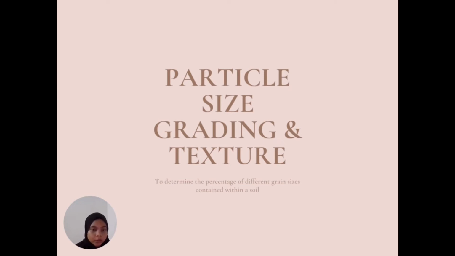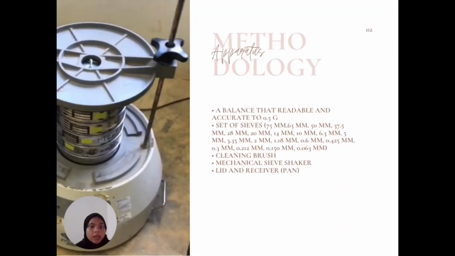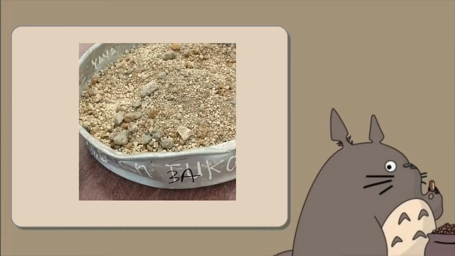The objective is to determine the percentage of different grain sizes contained within a soil. The apparatus used are as below: a balance that is readable and accurate to 0.5 gram, set of sieves, cleaning brush, mechanical sieve shaker, lid and receiver.